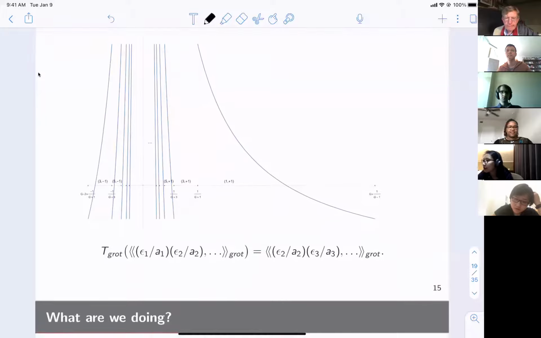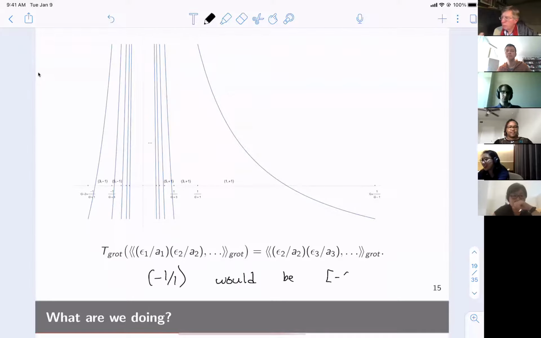Let me scroll so it shows up. 1 minus 1 would be on minus g minus 2. So that's not in our domain. That also helps explain why we don't get that digit from a dynamical system standpoint.